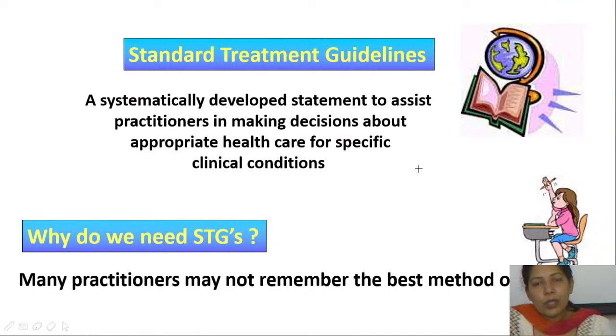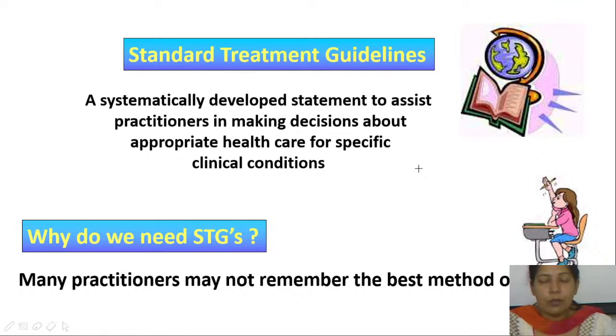Then you also have something called standard treatment guidelines. Every country or every region has some standard treatment guidelines. These guidelines look at the most important or most prevalent disease conditions in the area, and give recommendations on the drugs that need to be prescribed and in doses and duration that needs to be prescribed for that condition.